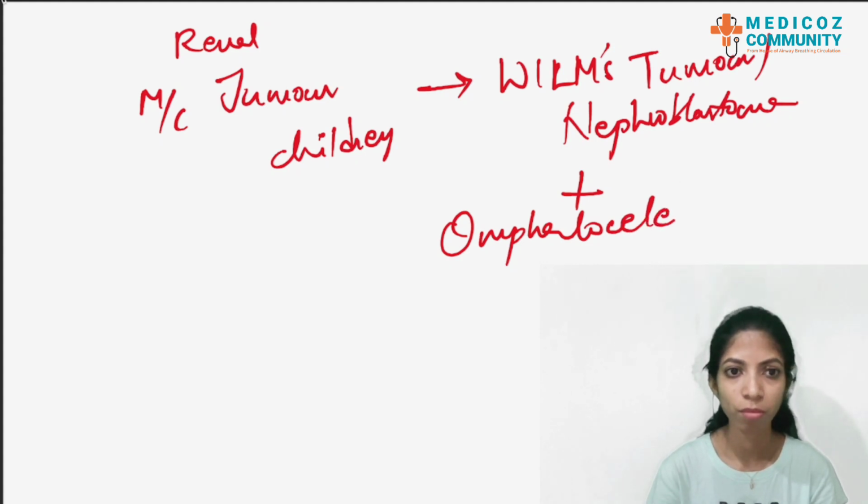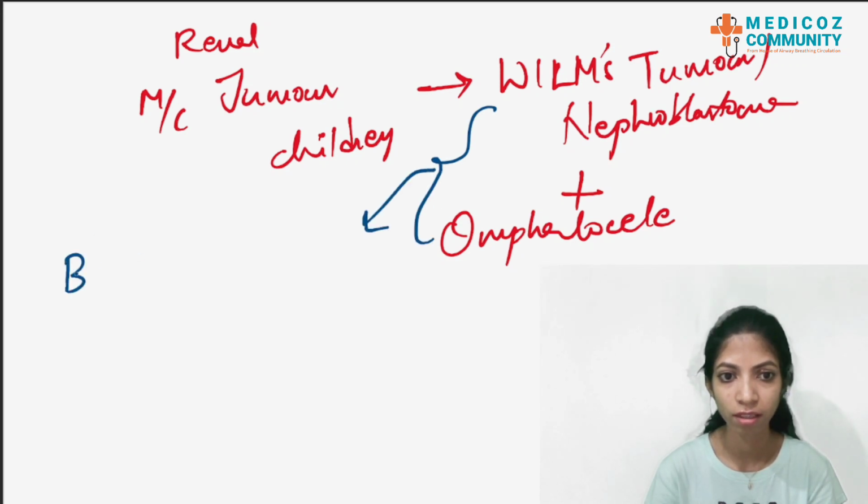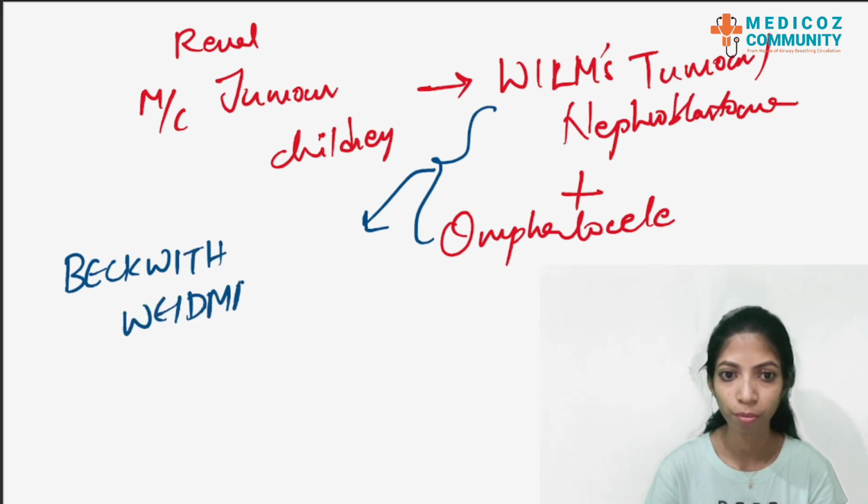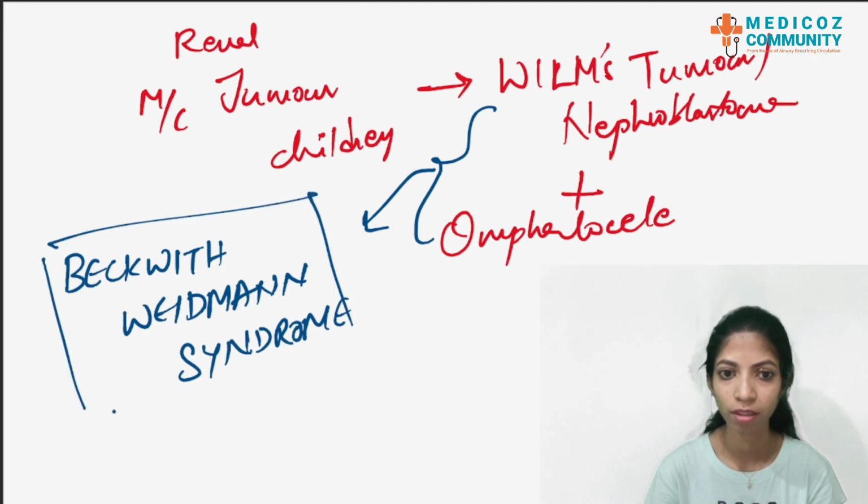So nephroblastoma and omphalocele are present together in some conditions, and that is called Beckwith-Wiedemann syndrome. This is seen in some conditions.